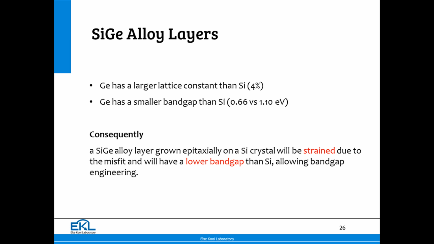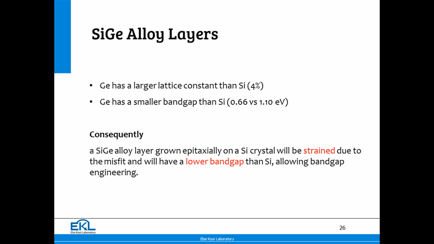Silicon germanium alloy layers. Fortunately, silicon and germanium mix very well, in spite of the fact that germanium has a slightly larger lattice constant than silicon, 4%.